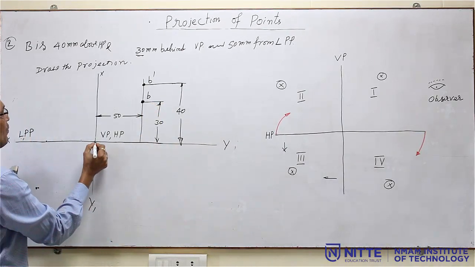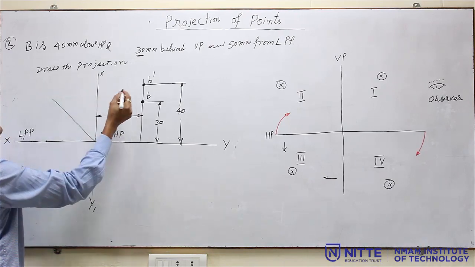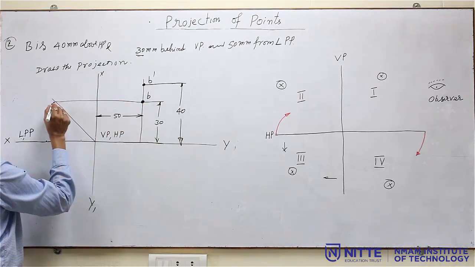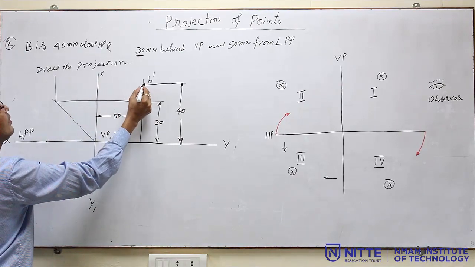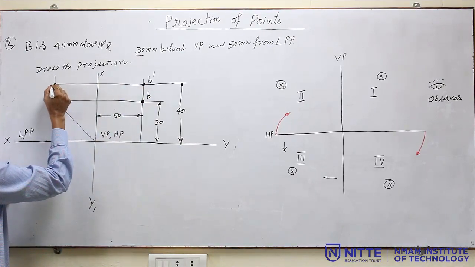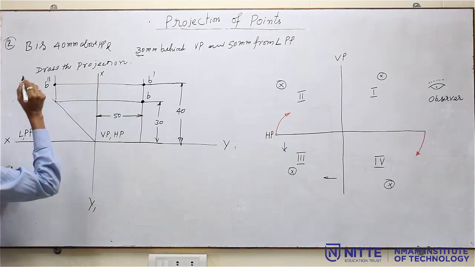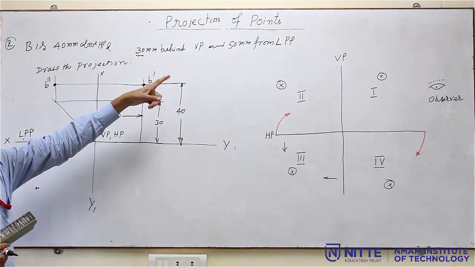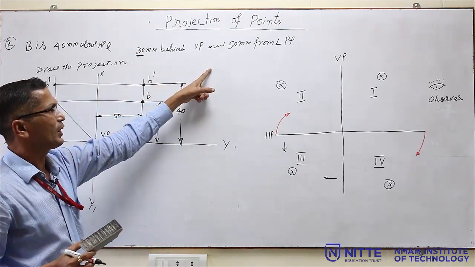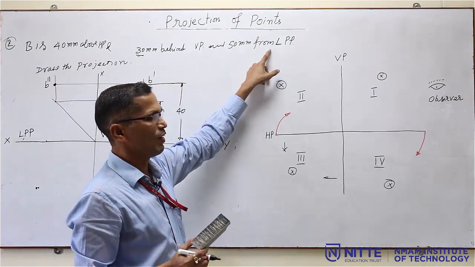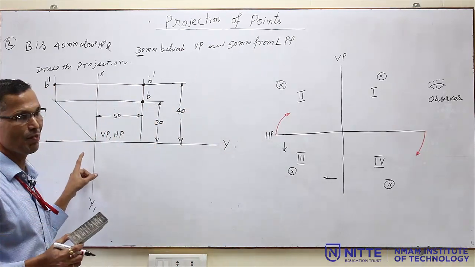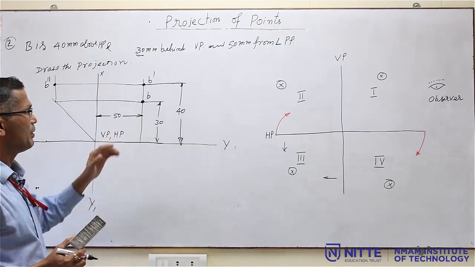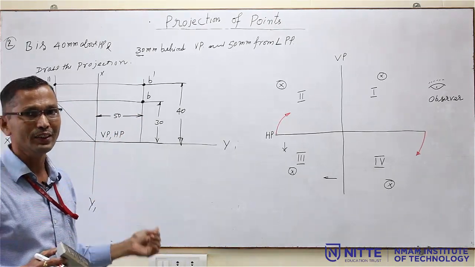Then for the profile view, draw a 45 degree line. From the top view we project it up, and you are going to get the B double dash. So, this is the difference between RPP and LPP. In the previous problem I solved it with the right profile plane, now it is the left profile plane. The same procedure applies, but it will be the mirror image. So, this is about the second quadrant.